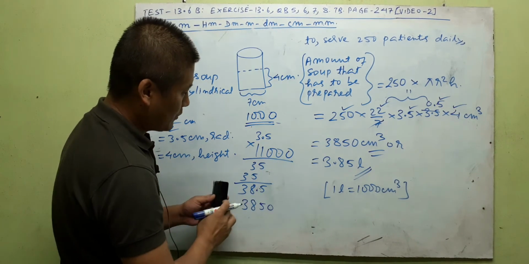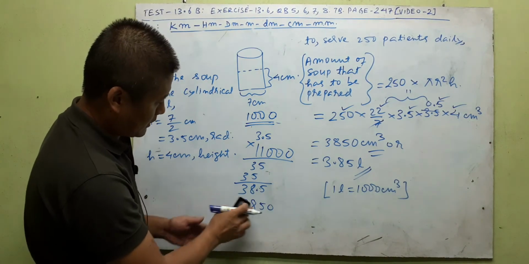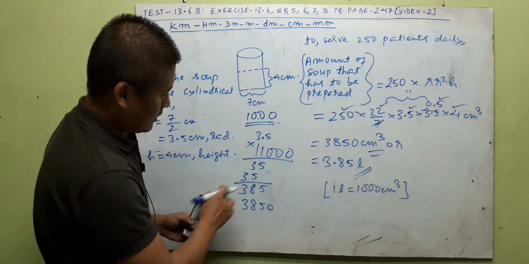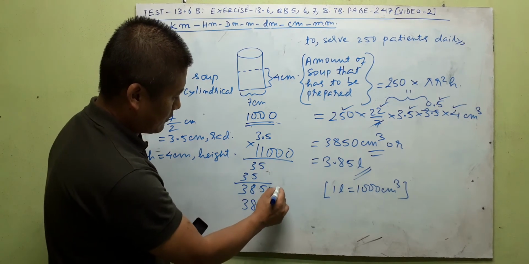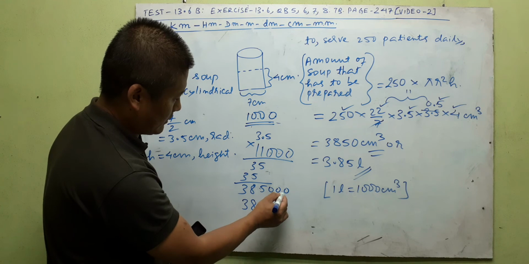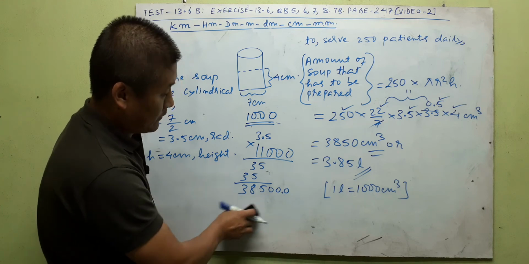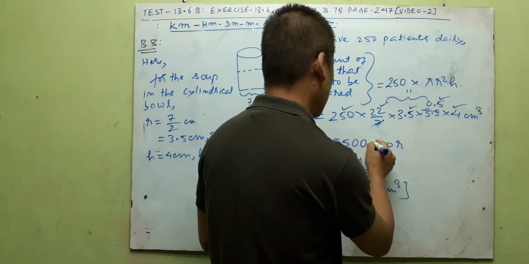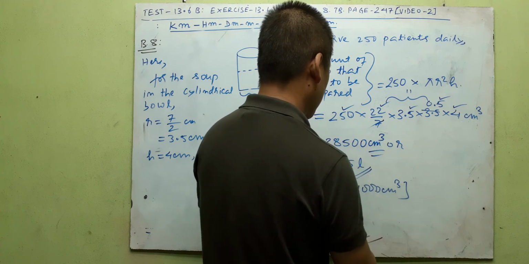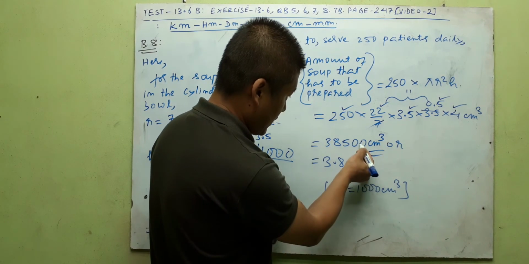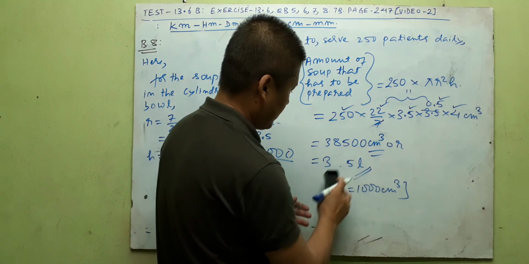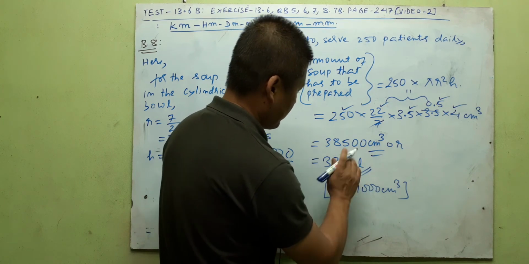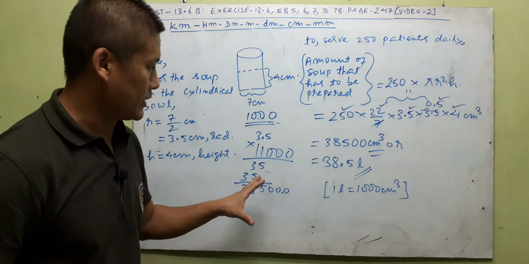After we multiply this, we put these 3 zeros, and one decimal, so it will be 38500 centimeter cube. Dividing by 1000 gives 38.5 liters. Please make that small correction.